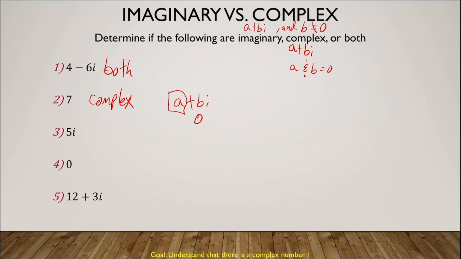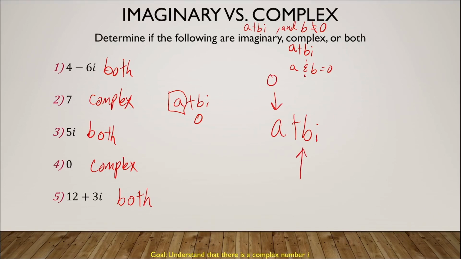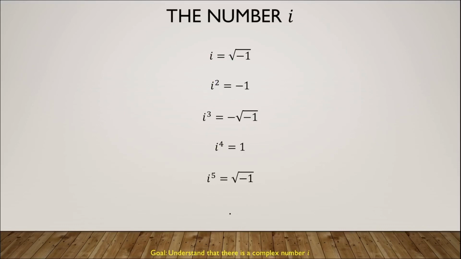This one we'd say is both. 0 we would say is complex. And 12 plus 3i we would say is both. So I'm just looking for that a plus bi, and I'm trying to determine when a is 0 and b is 0, and which definition it fits into.